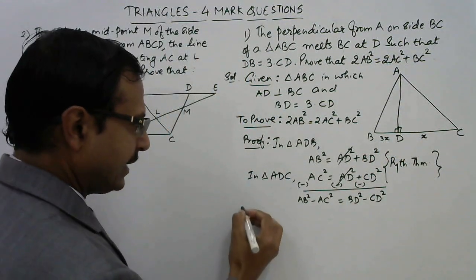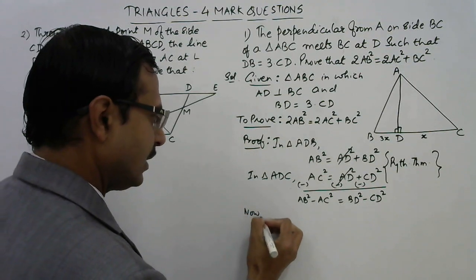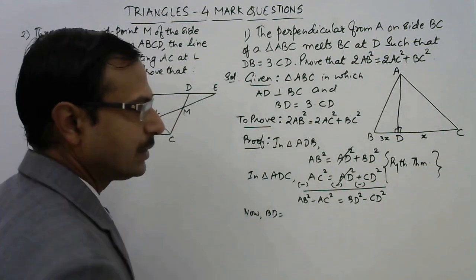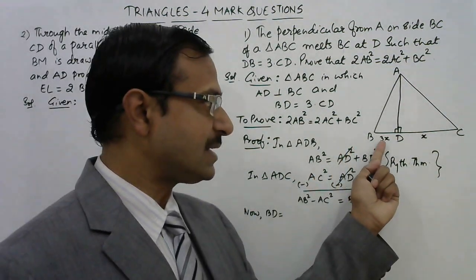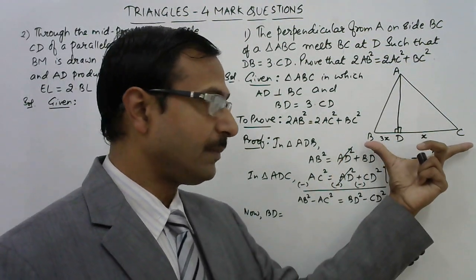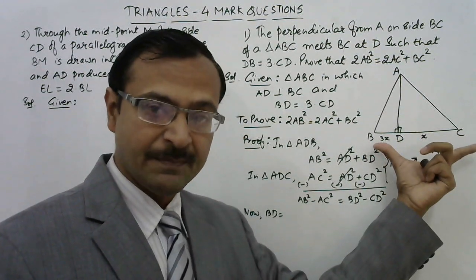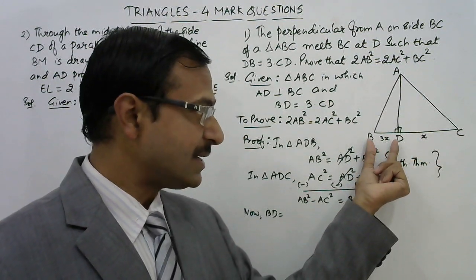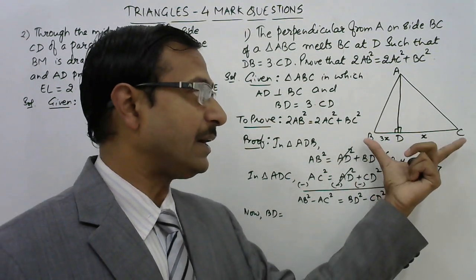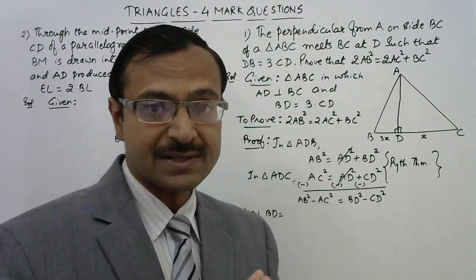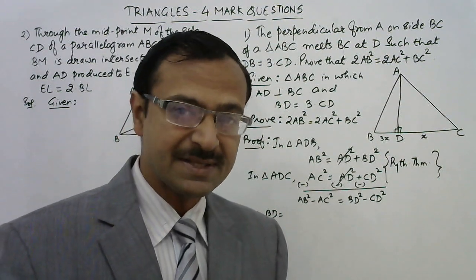Now I will write it here. BD is 3 times, see this is 3x out of 4x. So I am trying to write BD in the form of BC. So if BD is 3x, then BD can be written as 3x upon 4x, that is 3x out of 4x times BC.